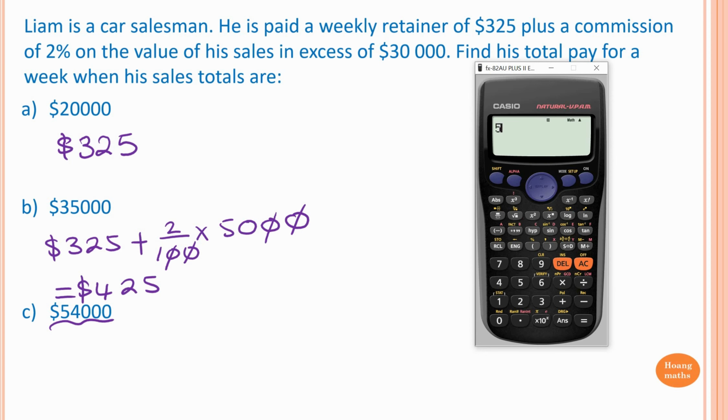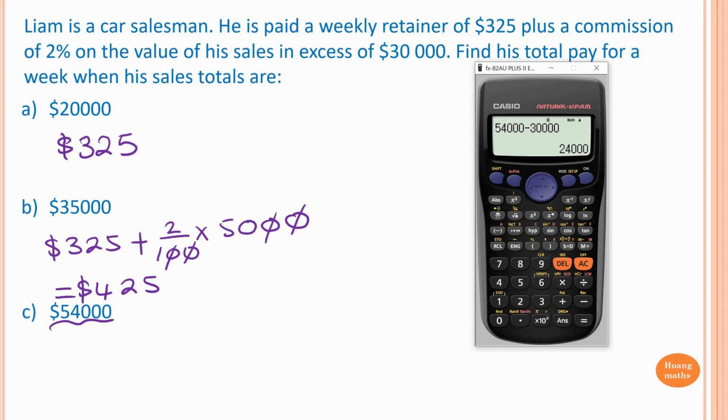If we use 54,000 minus 30,000, that gives me 24,000. This means 24,000 above 30,000, because 54,000 is equal to 30,000 plus 24,000.